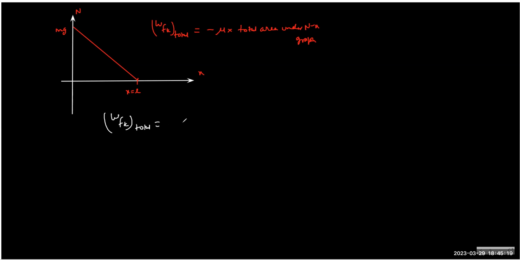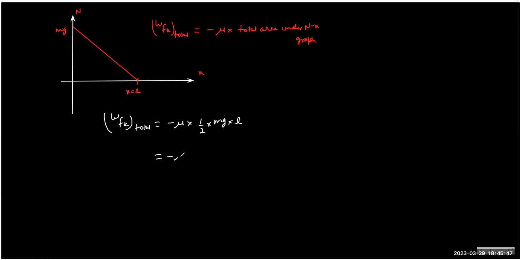So N will go from mg to 0, which means the chain has left the table, which means no longer is friction there, no longer is work there. So the answer is minus mu times the total area. I think the total area is very easy to find: half into base into height. And we're done.